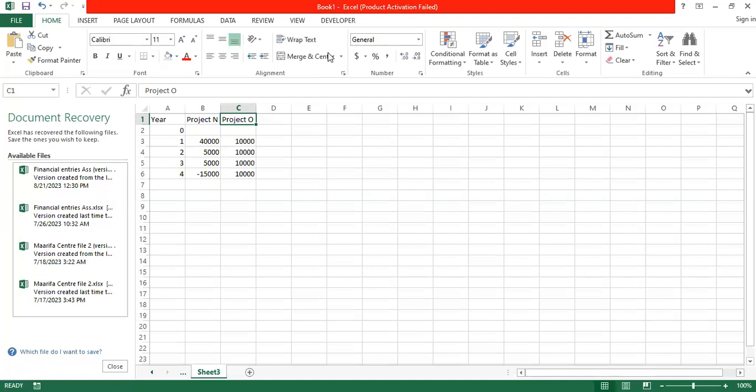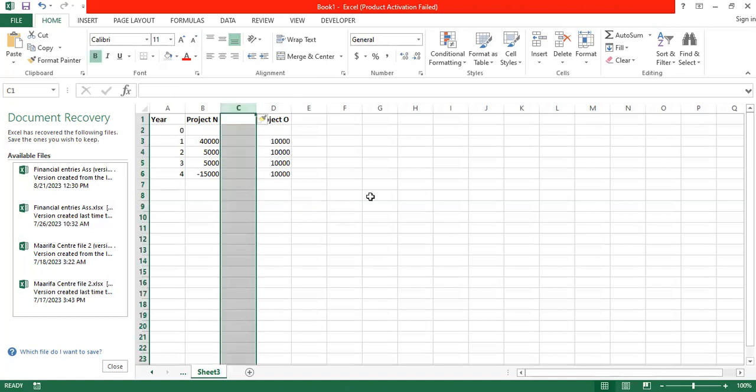All right, okay, there you go. So this is what I've been writing. So all this information is what you could see there. So you have your project N and project O. You want to analyze this using payback period, right? So I'm gonna make some space on that one, right?